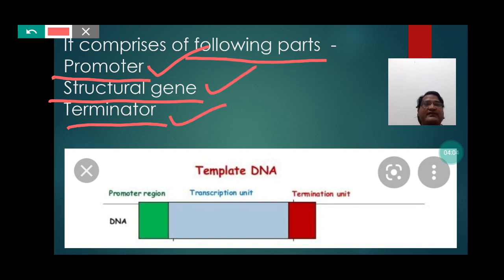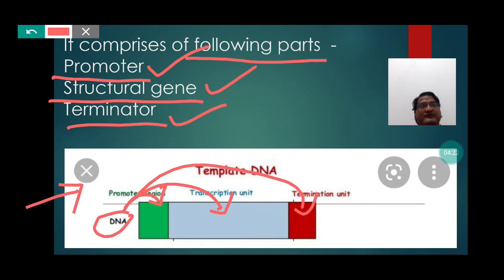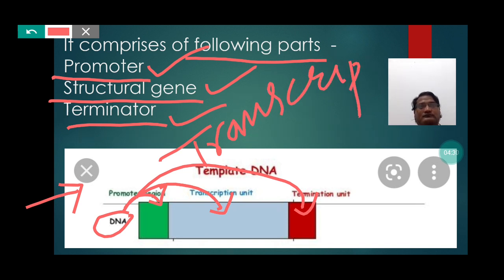Now students, we can understand these three terms with the help of this picture. If you concentrate on this picture, you will be able to notice that a strand of the DNA has three different parts in the transcription unit.